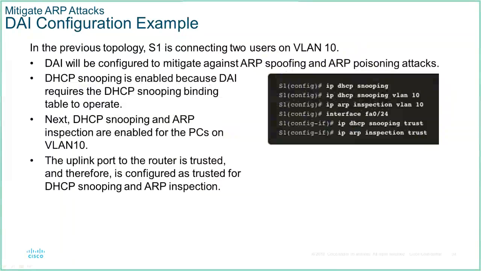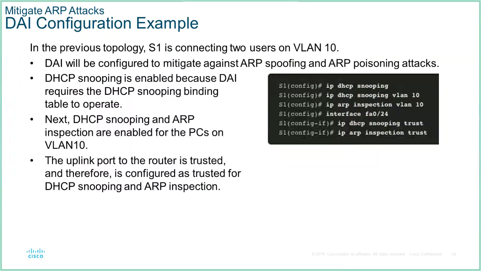So how do we mitigate this? We go through the DHCP snooping configuration and we put the trust on, and then we put in our ARP inspection commands. So IP DHCP snooping turning on globally, saying we're snooping VLAN 10, and we're going to now add our inspection to VLAN 10 as well. So we IP ARP inspection VLAN 10.